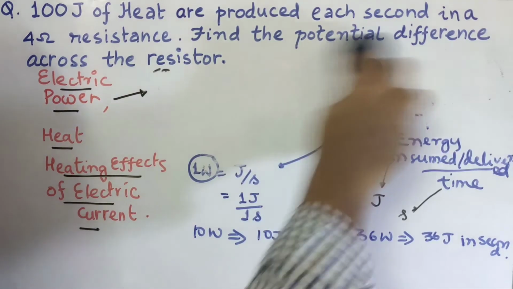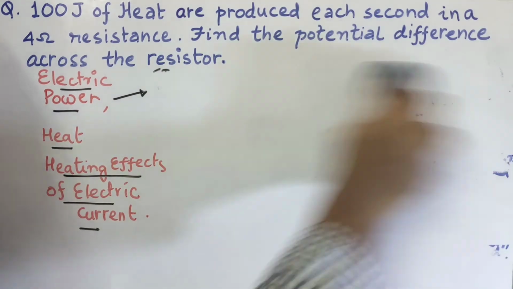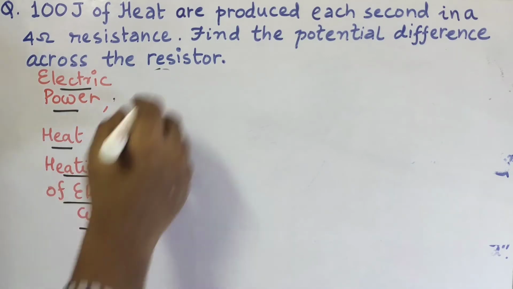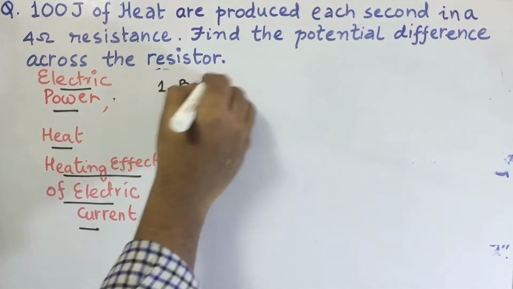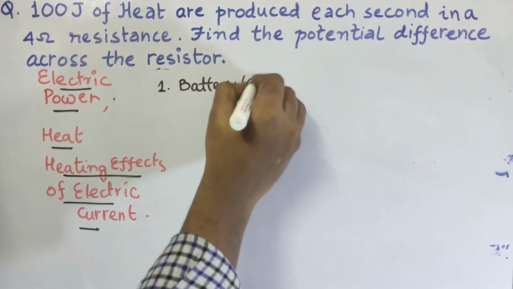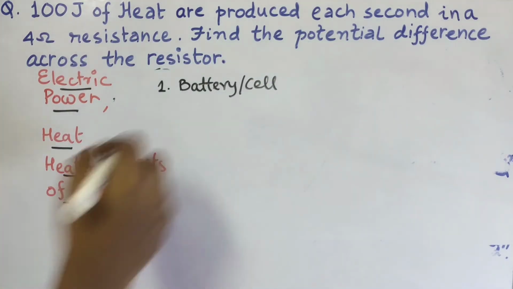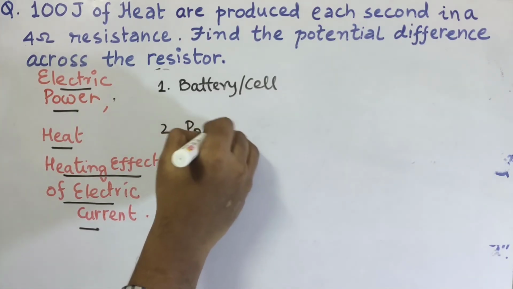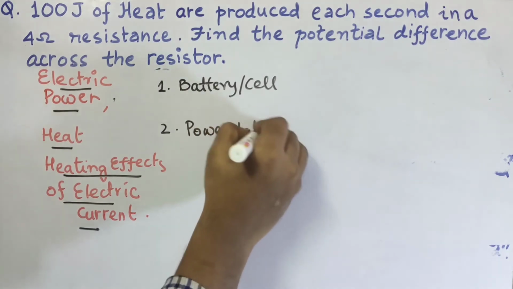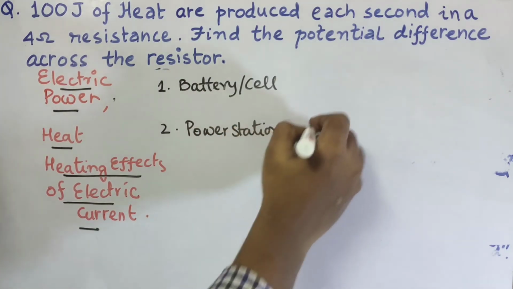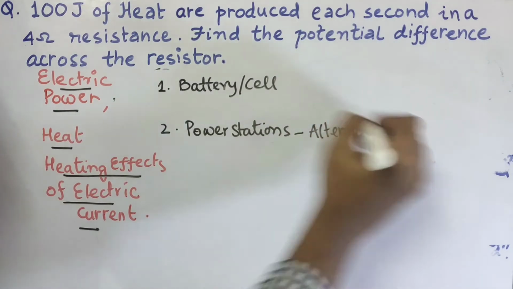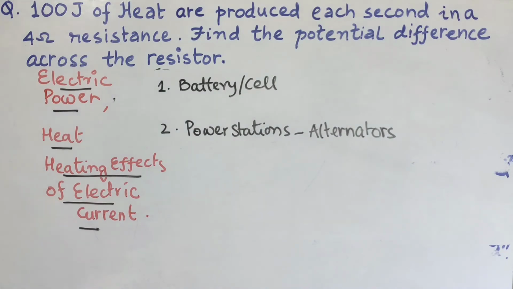The sources of electric energy we have are: number one, battery or cell; number two, power stations where alternators are present. So these are the sources of energy for us.